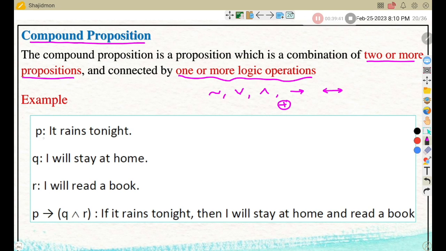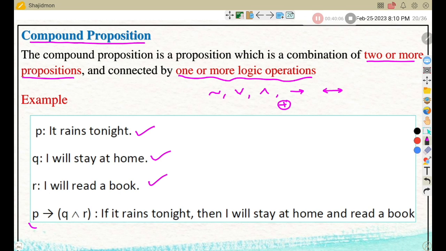See here in this example, we have P, we have Q, we have R. How many propositions are there? Three. So if we have two or more propositions, P, Q, R, connected by one or more logical operations. P means it rained tonight. Q means I will stay at home. R means I will read a book.